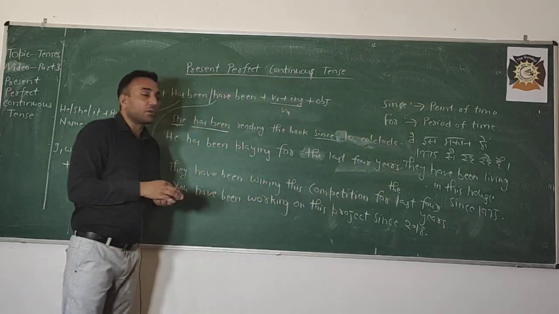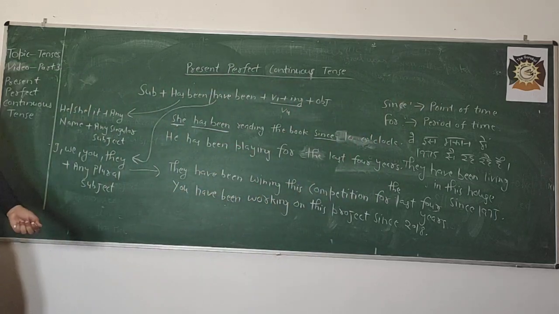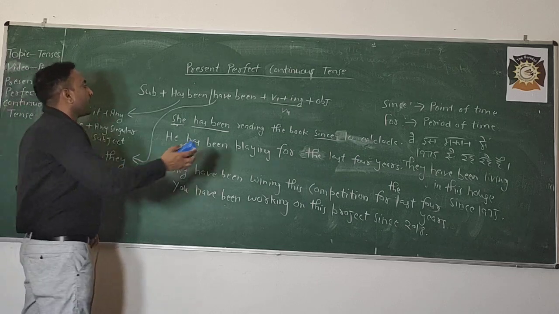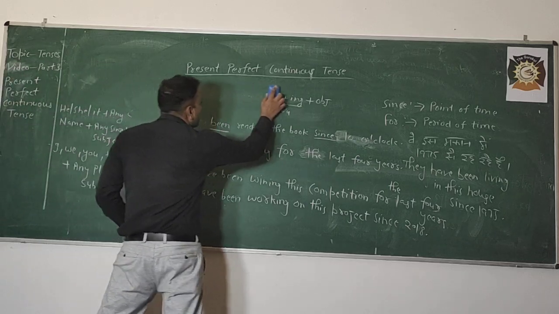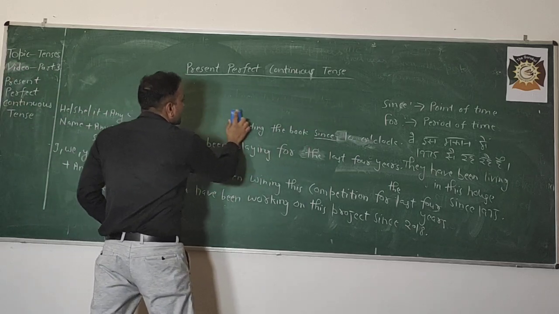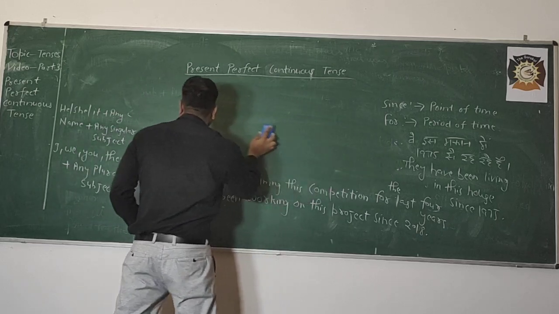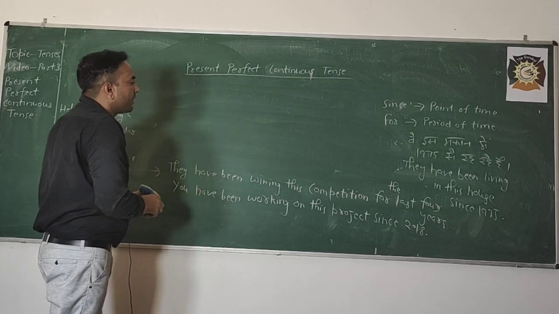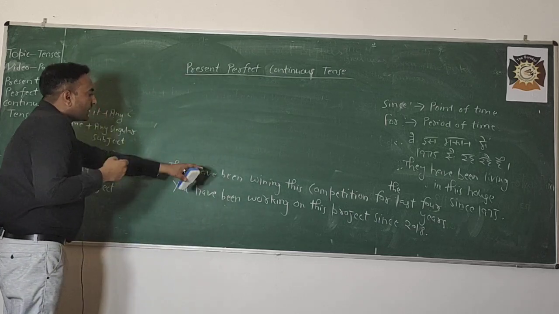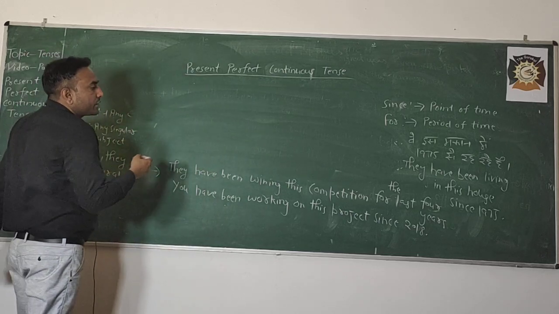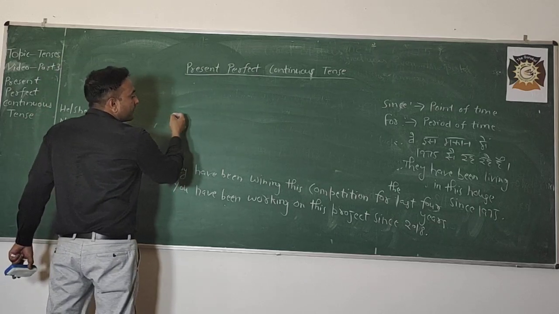And how to change the sentences into negative and interrogative? I will change one sentence for you, the rest of the sentences you all will have to change. Suppose this sentence is written, that you can see on the board: They have been winning this competition for the last 4 years.